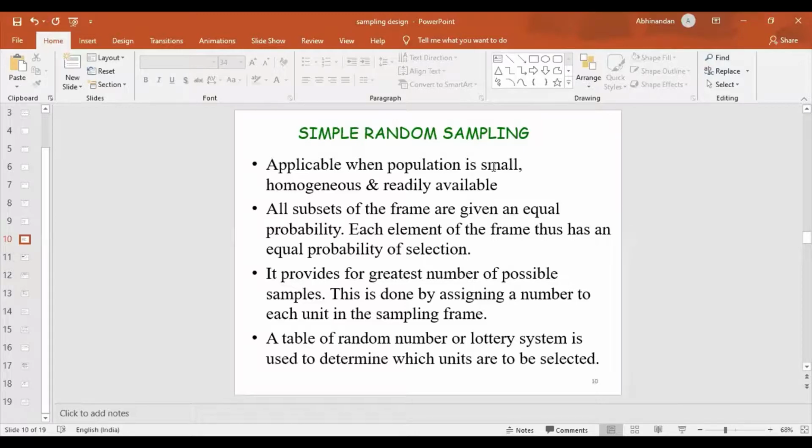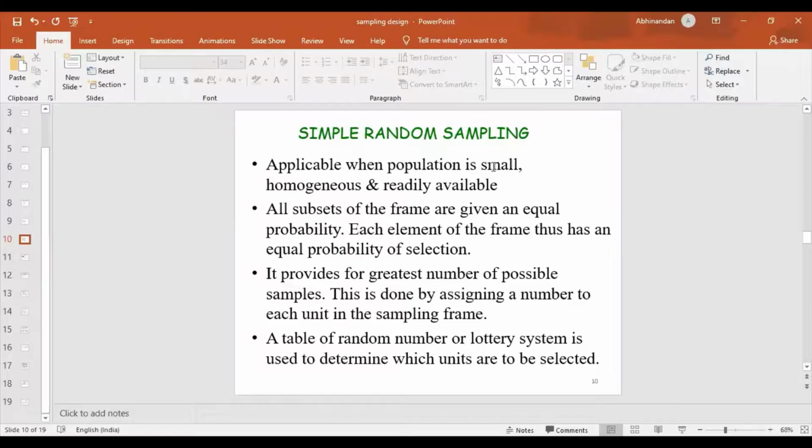Simple random technique means, for example, I want to select samples from students. There are 100 students, but I want only 50 students for my sample. My sample size is 50.